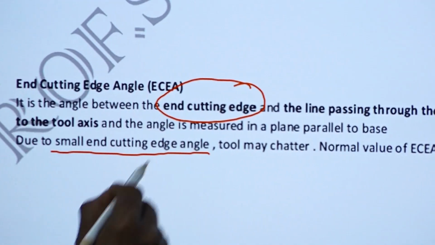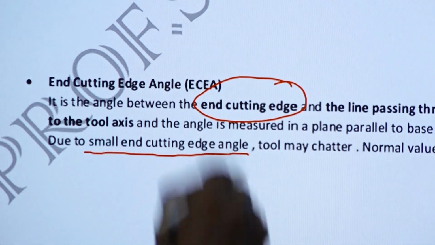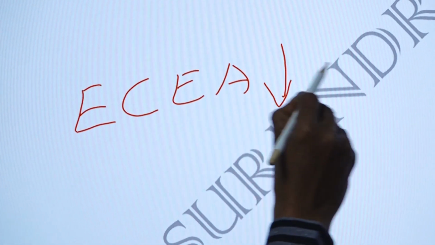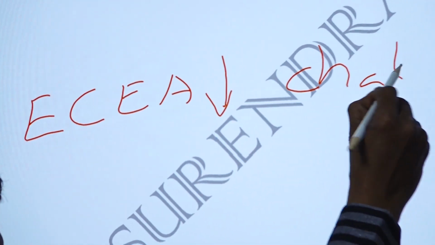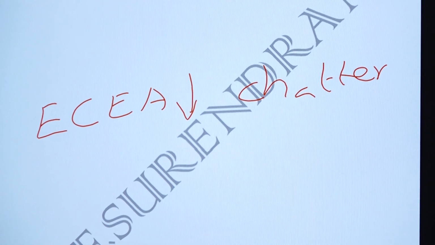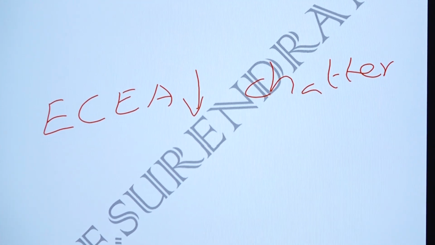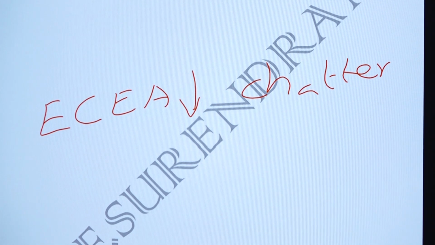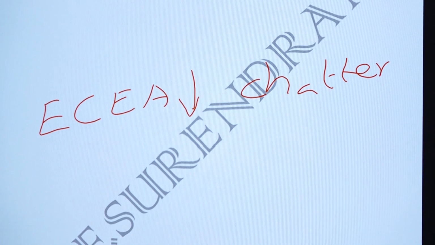Due to a small end cutting edge angle, the tool may chatter. Chatter means vibration. The normal value of the end cutting edge angle is 8 to 15 degrees.